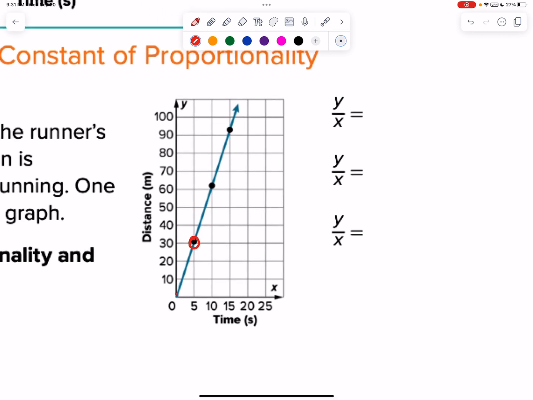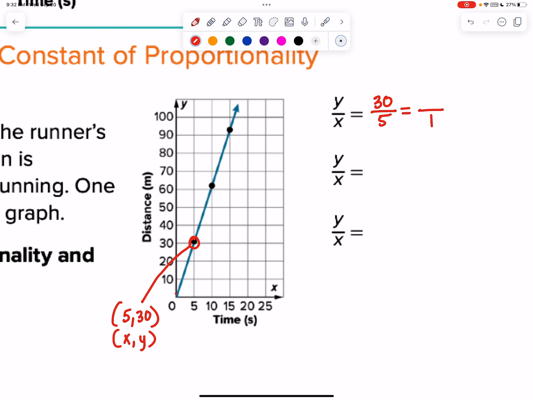So this is identify the ordered pair. This one is the ordered pair 5, 30. And remember, this is x and this is y. So let's set it up in that format of y divided by x. So I have 30 divided by 5, okay? And what is that as a unit rate?